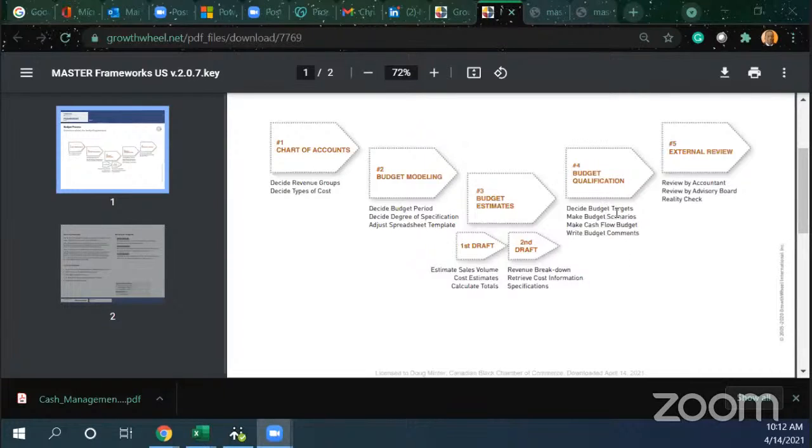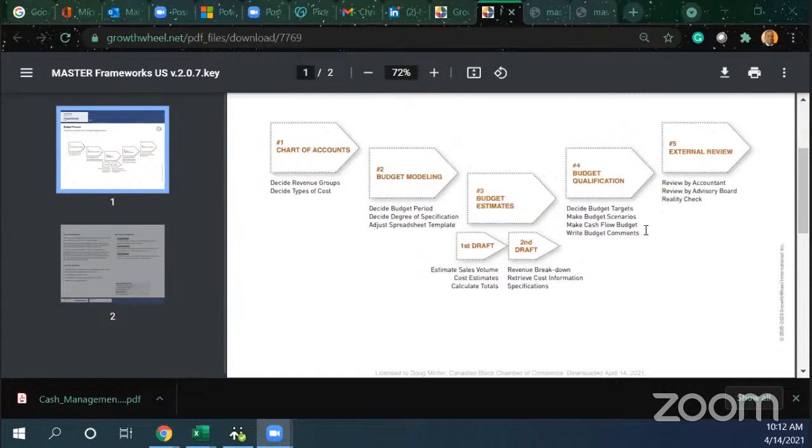So what are your big targets? When are the big seasons? If you have seasonality in your business, any things like that, think about different budget scenarios.